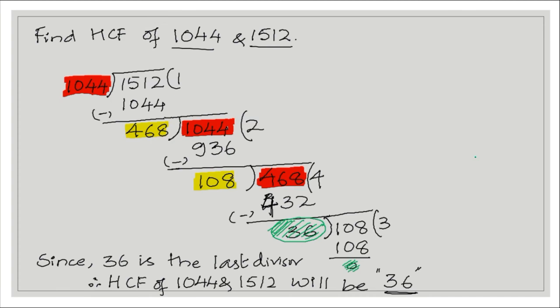What if the given numbers are like 84 and 90? Let us find one more question. By division method, let us find the highest common factor of 84 and 90.